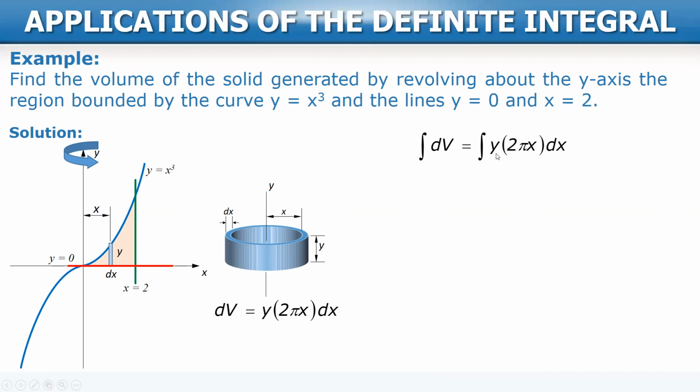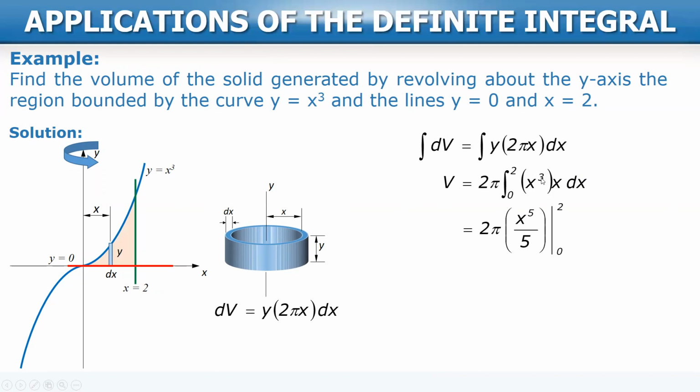And then we replace y by x cubed from the equation y is x cubed. So 2 pi, let's write the constant before the integral. Y equal to x cubed times x, x cubed times x is x raised to 4.